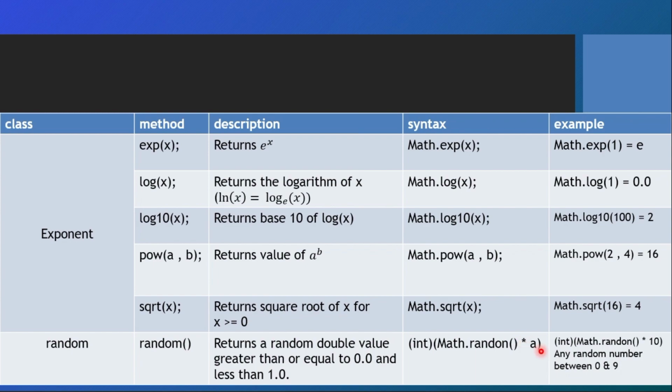So let's just say we want to get any number between 0 and 9. We're going to say int math.random multiplied by 10. So when we invoke this method with this syntax, it will generate any number between 0 and 9. So if you say math.random multiplied by 100, it will generate any number between 0 and 99. If you say 101 here, you are going to get a number between 0 and 100. So basically, we're talking about indexes here, starting from 0 all the way up to the number minus 1 that we're looking for.